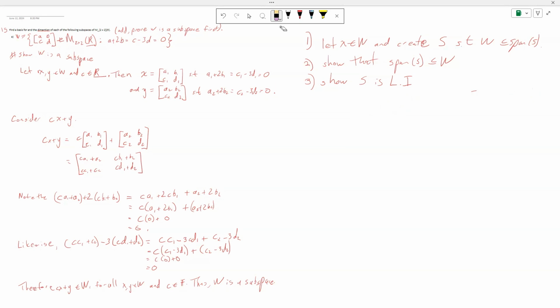Now, how do we go about this? Let's create a basis for W equaling the set of (a, b, c, d) in M2x2 such that a plus 2b equals c minus 3d equals 0.